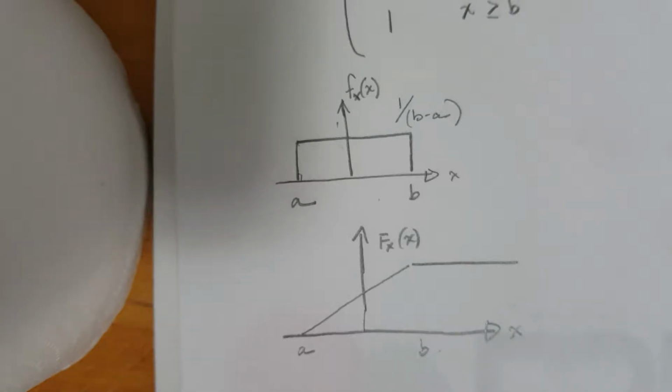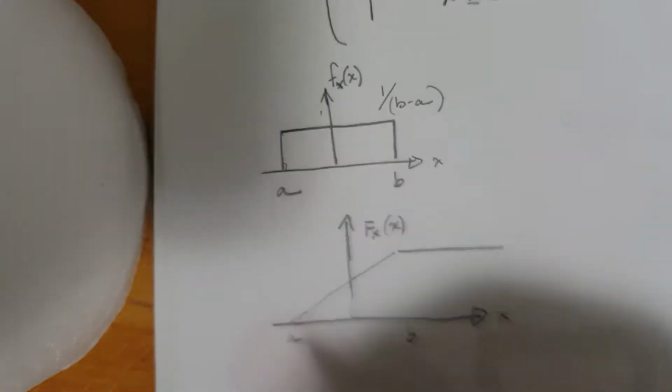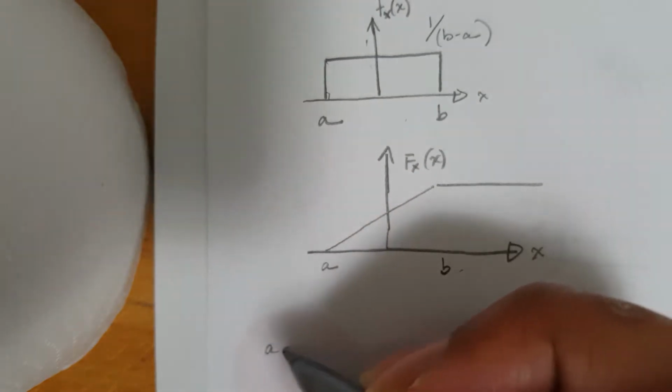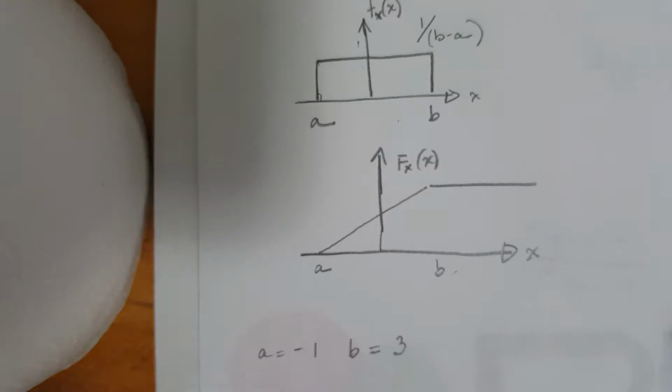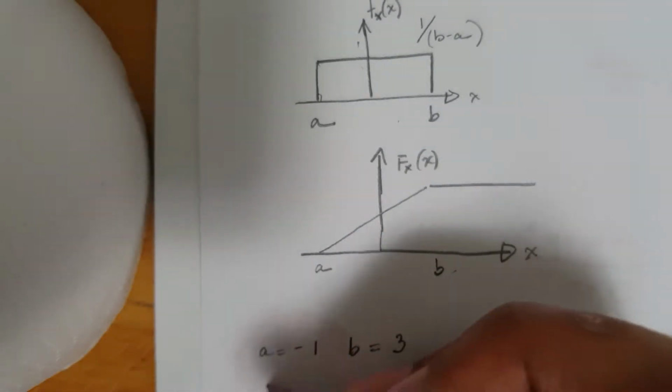So now we are given a equals -1, b equals 3, and we are asked to draw f of y.